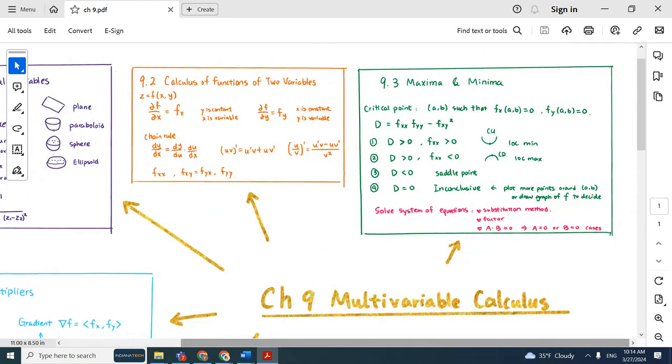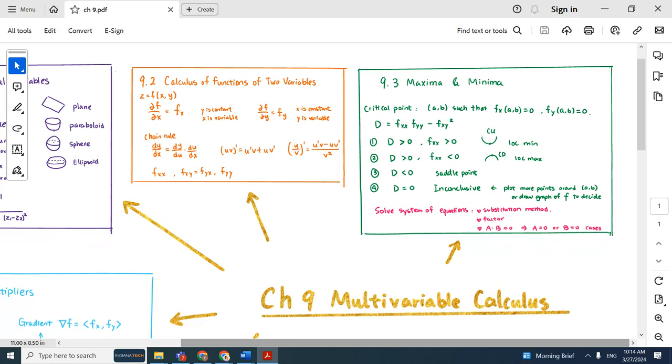In 9.3, we have a surface, we find the maximum and minimum. So we find the critical points. So you have a system of two equations, because you only have two unknowns, x and y. So a system of two equations, and you solve the system. And at those points, you need to compute the second partial derivative and compute the D to see whether it's local max or local min.